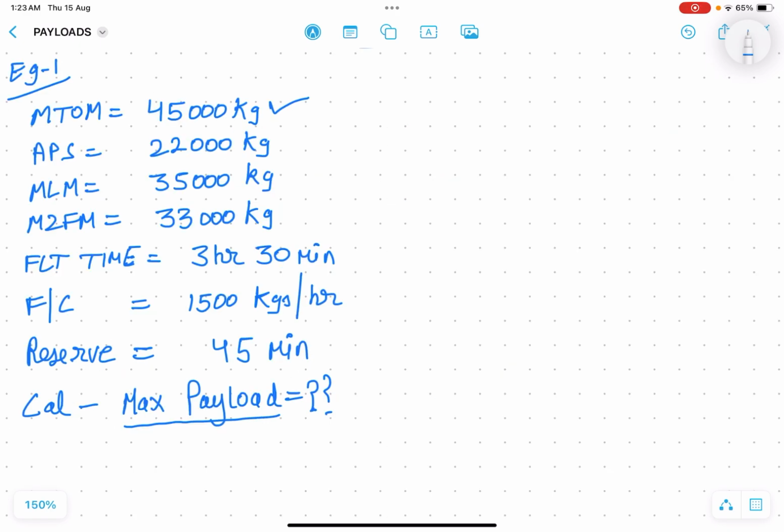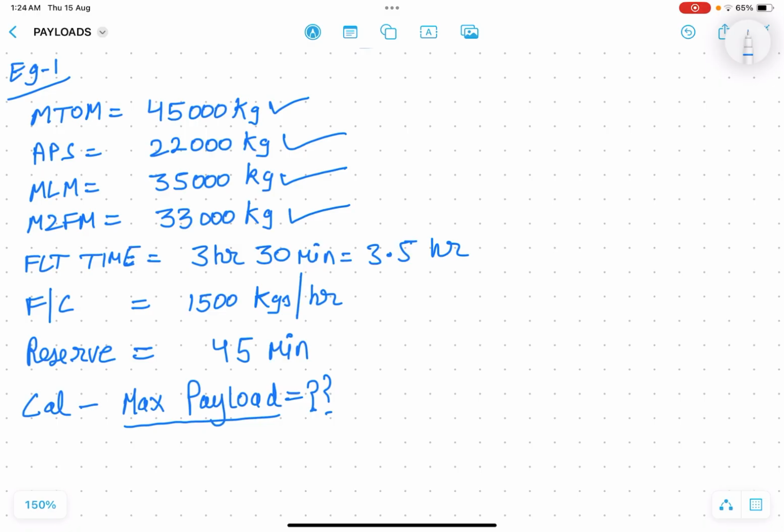So this is the first example of case 1, where we will be calculating maximum payload using given data. The given data is maximum takeoff mass, which is 45,000 kilograms, aircraft prepared for service or dry operating weight, which is 22,000 kilograms, maximum landing mass is 35,000 kilograms, maximum zero fuel mass is 33,000 kilograms, flight time is 3 hours 30 minutes or 3.5 hours, fuel consumption rate is 1500 kgs per hour.